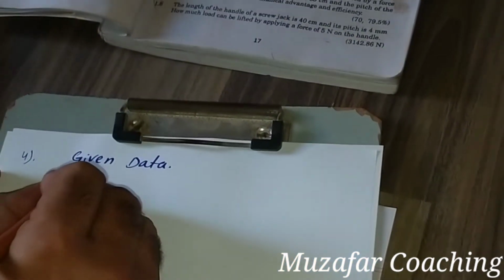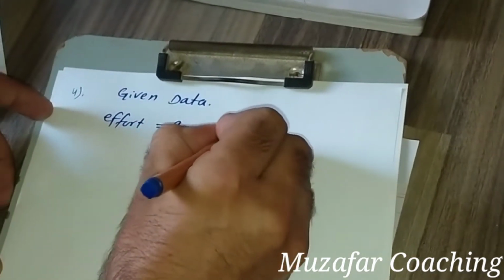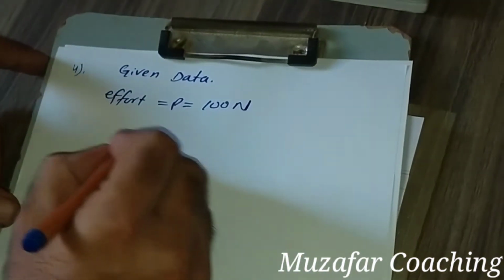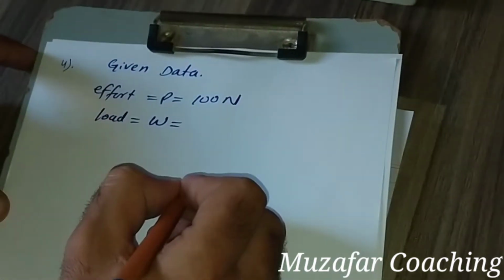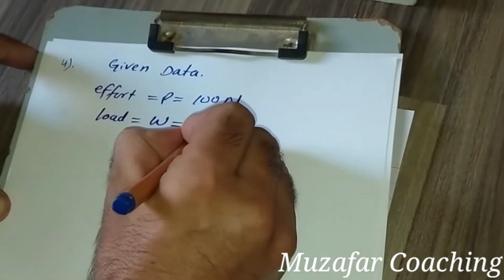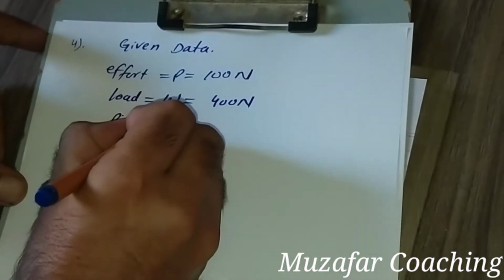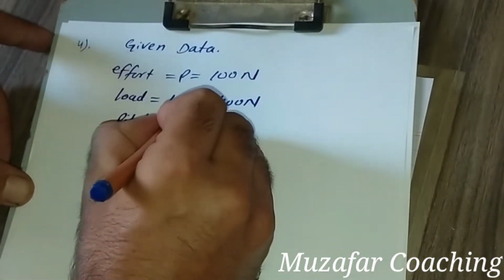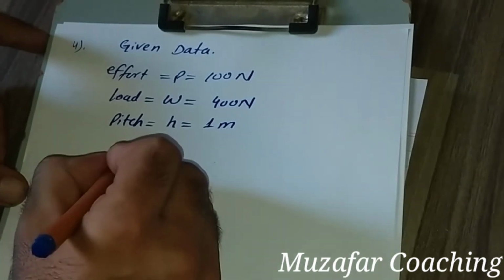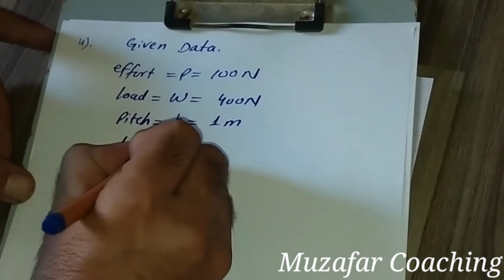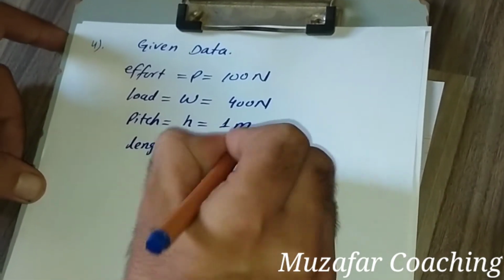The load can be denoted by W, weight, so it is 400 Newton. The height is also given, denoted by H, so that is 1 meter, and the length is given, that is L is equal to 8 meter.